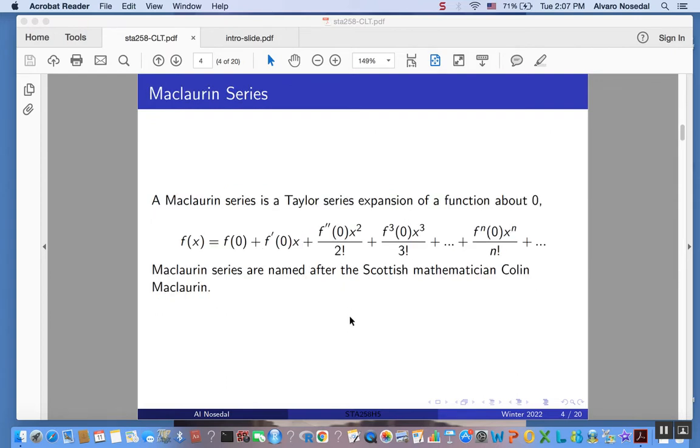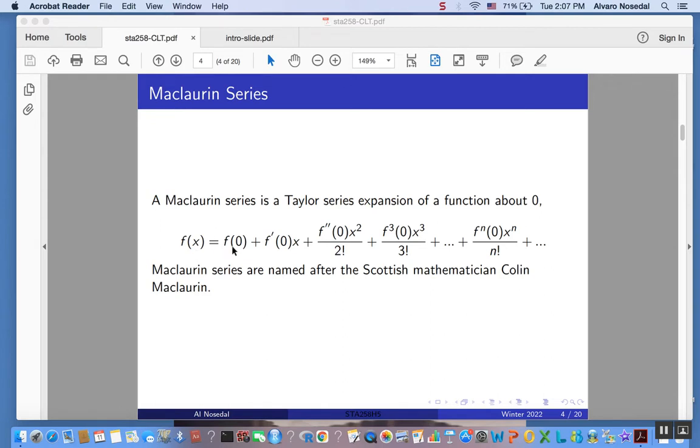Something else that we're going to be using from calc is Maclaurin series. Okay? So a function, in this case a function of x, could be expressed as a sum of polynomials around 0, like this.